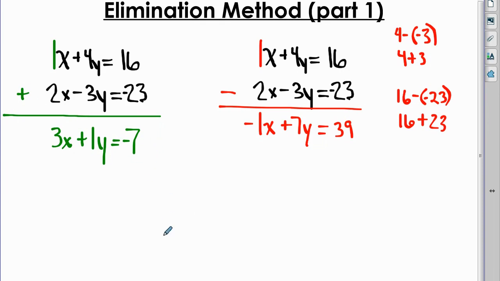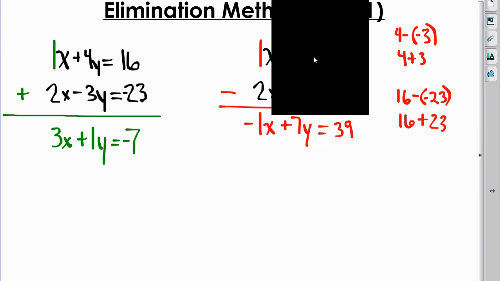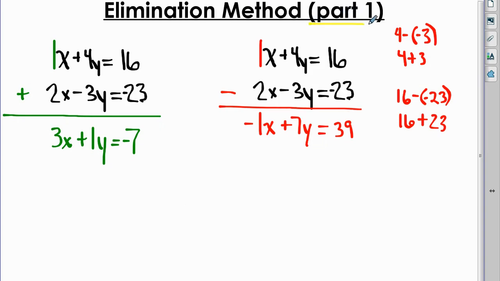Well, you might notice that I called this part 1, right? This is part 1 of this method. So we're first going to start off with equations where when we add them or subtract them, something happens where we then can solve from there.